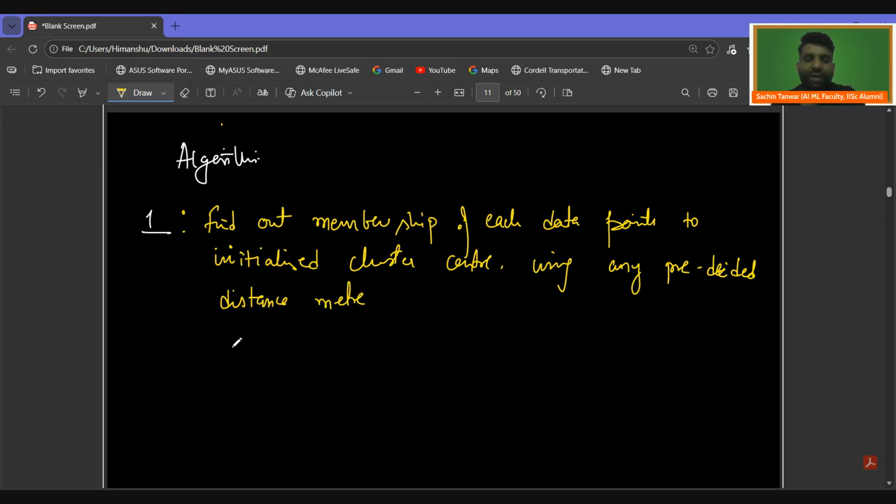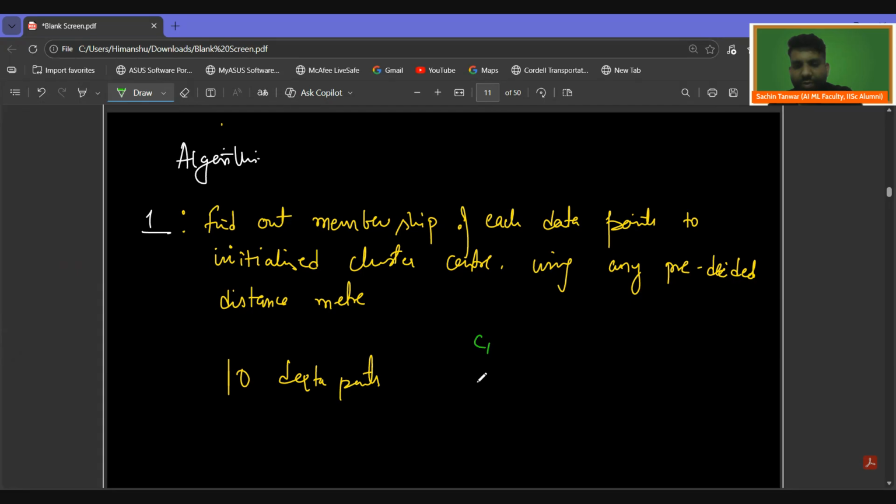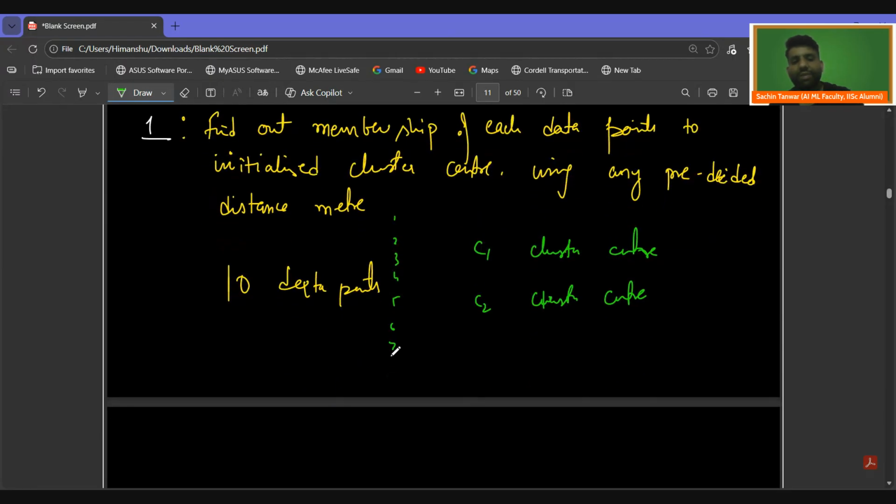For example, if I have 10 data points, 1, 2, 3, 4, 5, 6, 7, 8, 9, 10, and 2 cluster centers, C1 and C2, I calculate the distance of all the points from each of these.